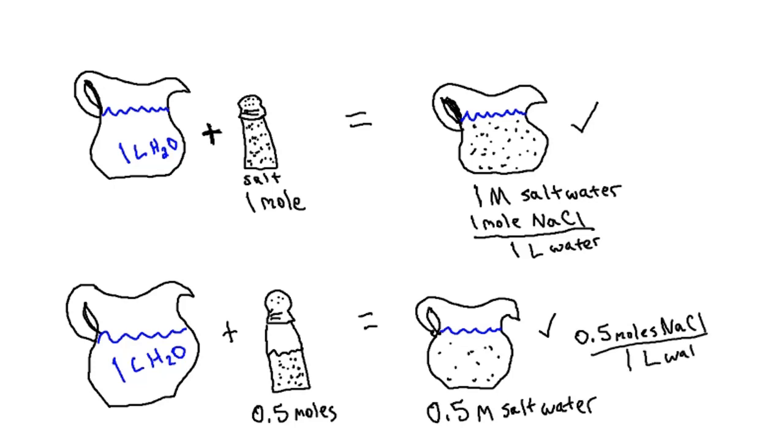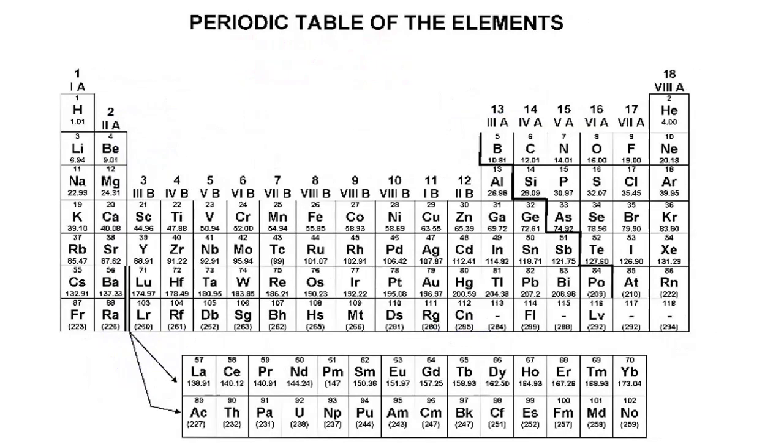It's always 1 liter. So how do we find out how many grams of salt are in each of these pitchers? Well, for that, we're going to have to go to the periodic table. We know that NaCl, sodium chloride, is table salt, so that means 1 mole of sodium and 1 mole of chloride. So let's go to the periodic table and look at that.